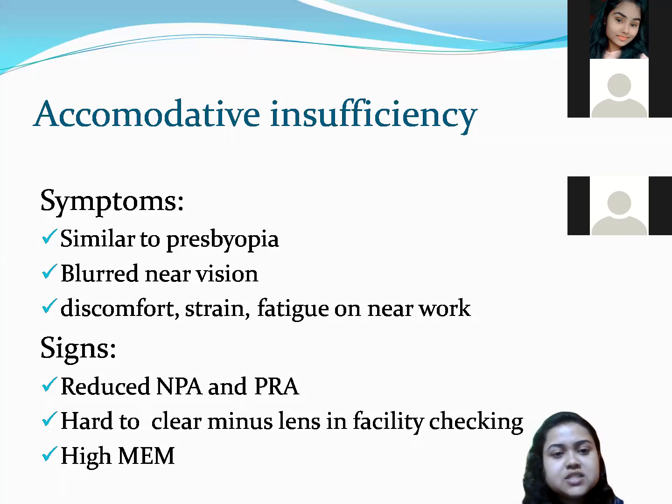You can get a minus 1.5, minus 2 or anything. If you get a lesser positive relative accommodation value, that means somewhere the accommodation is lacking. Okay, so this is about the NRA-PRA test.